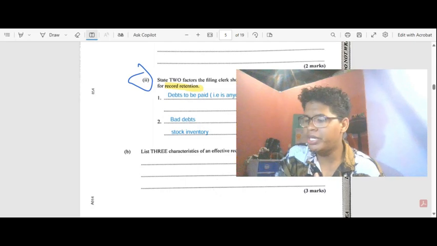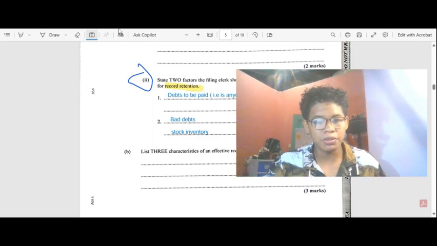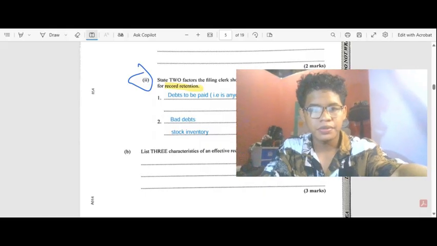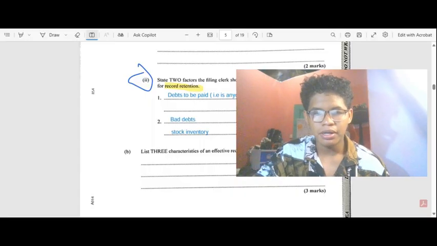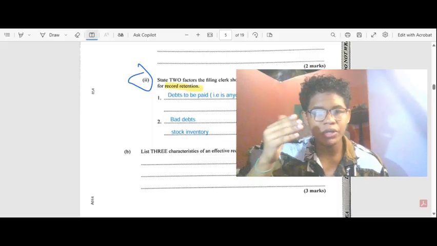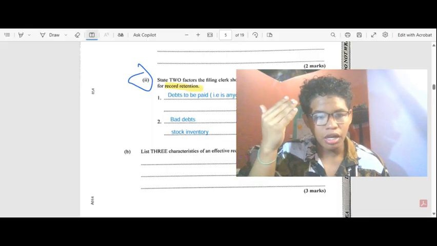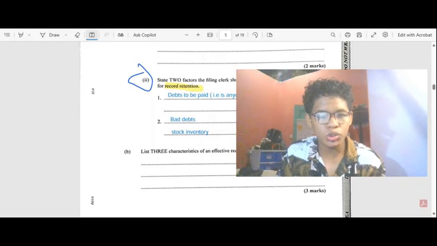Whenever you're doing a documental process, you need to consider the debts to be paid, because you can't really include accounts that are not even paid for or not in full summation.